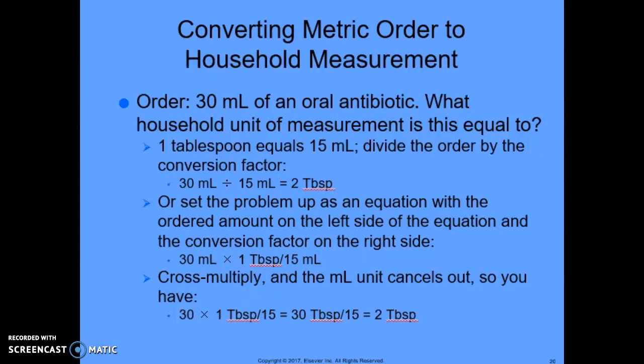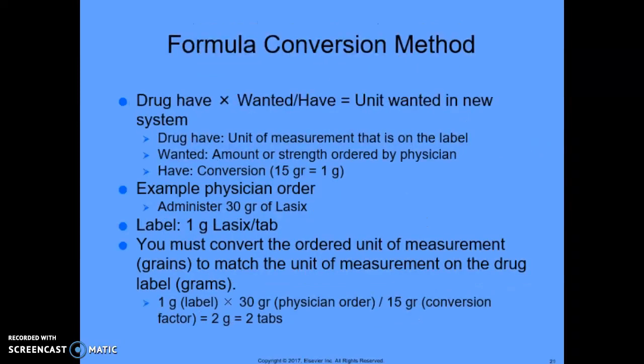And again, it's the same thing. We're not talking about milliliters anymore. We're talking about tablespoons. It's important to start with the basics and really build a foundation. So if you're just starting out, you need to make sure that you understand all the steps before you go into simplifying or shortening things.